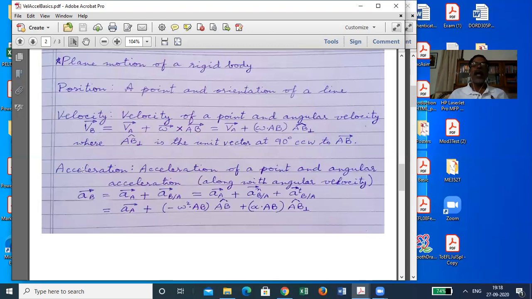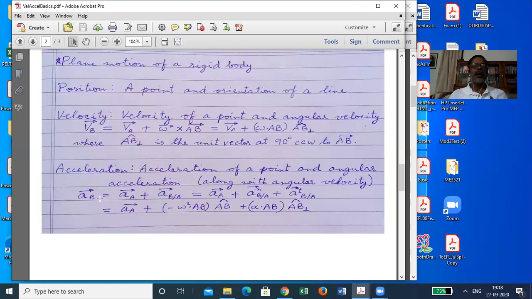Similarly, acceleration of a point and angular acceleration will specify the acceleration of the rigid body completely, along with all the velocity information, of course. In particular, the angular velocity of the body, which will appear in the expression.